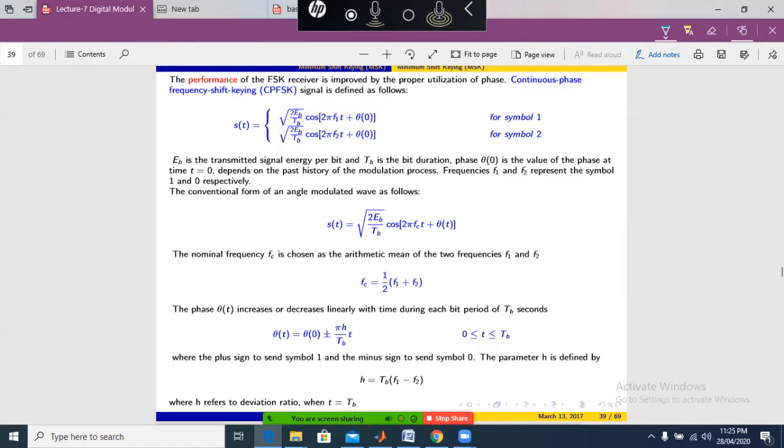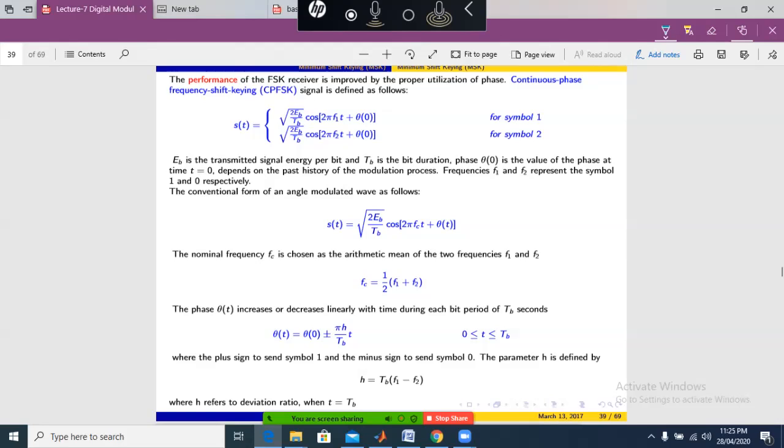So this is in fact the value of theta of t, which will be determined during the entire interval of bit duration. Actually, h is nothing but TB into f1 minus f2.